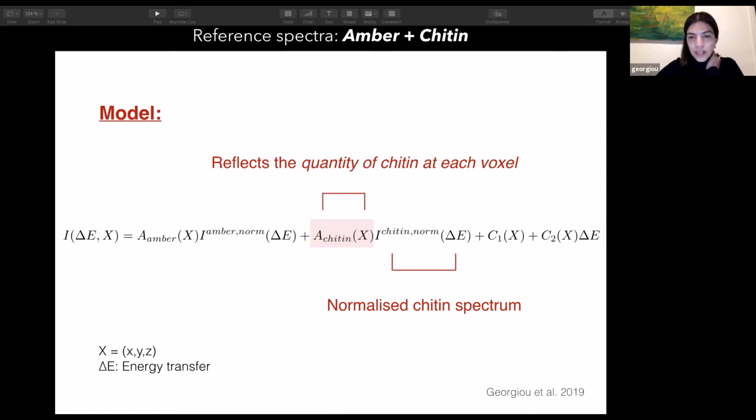in our model. And we performed again a fit of each XRS spectrum to see how our model behaves compared to the experimental one. By fitting each voxel, we have the A chitin parameter that reflects the quantity of chitin at each voxel.